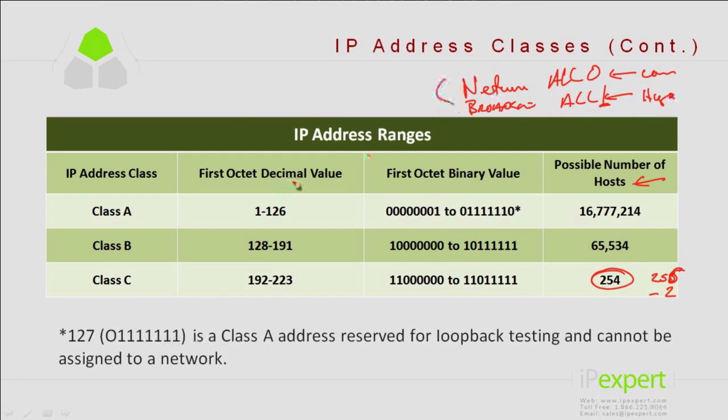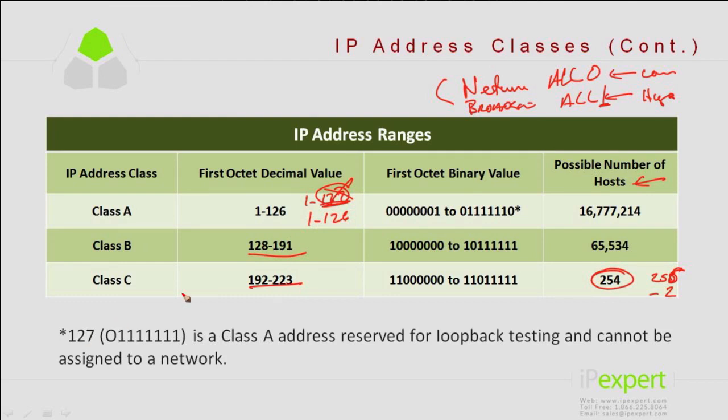When we look at this, notice mathematically I said it was 1 to 127. Well, you have to understand 127 is a special reserved value, so we can't assign it to a device either, leaving us 1 to 126, and then 128 to 191, and then 192 to 223. I showed you how that was derived.